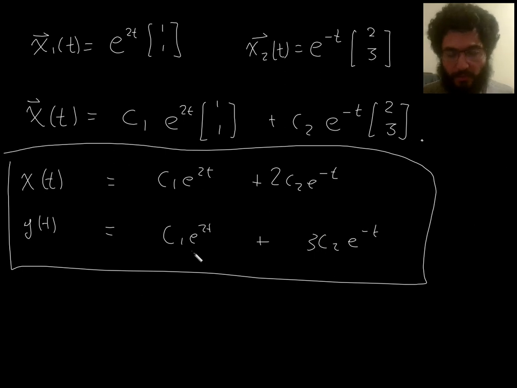So apparently the way they're linked here is that the coefficient in front of e to the 2t in x equals the coefficient in front of e to the 2t in y. And apparently the coefficient in front of e to the minus t in x is, I guess, 2/3 times the coefficient in front of e to the minus t in y. So they are linked.